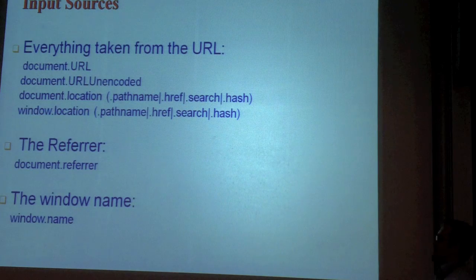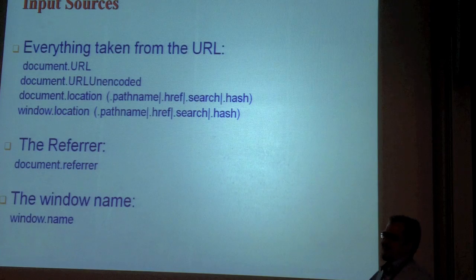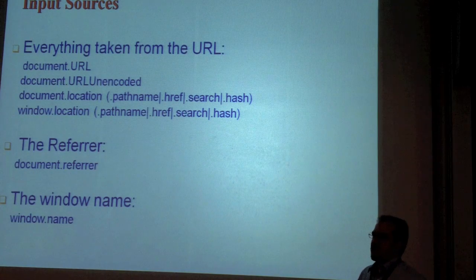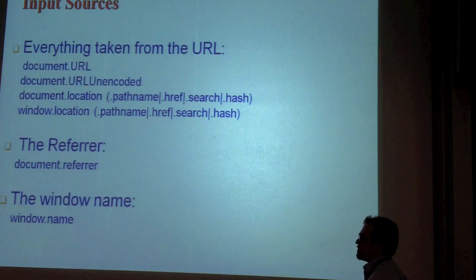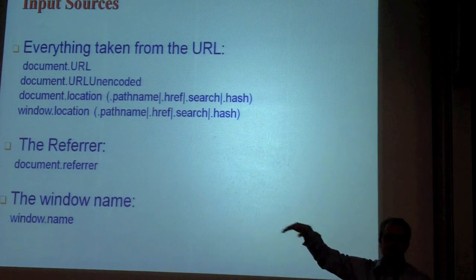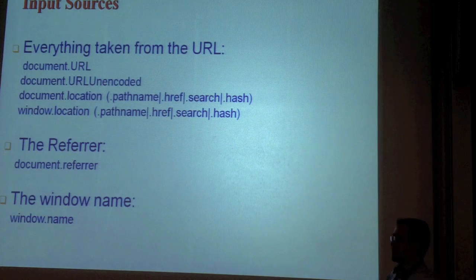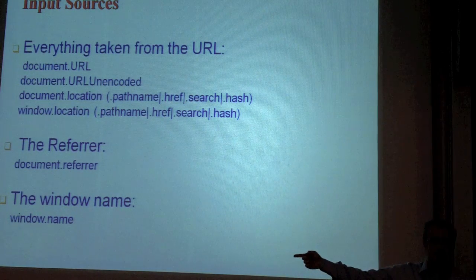So what are input sources? Mostly everything that can be reached from JavaScript, anything that the attacker can control. So the referrer, everything in the URL, the query string, the hash, the window name.